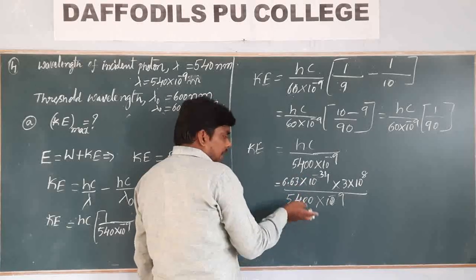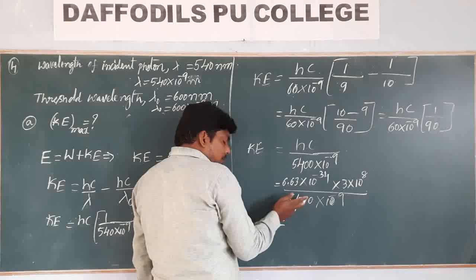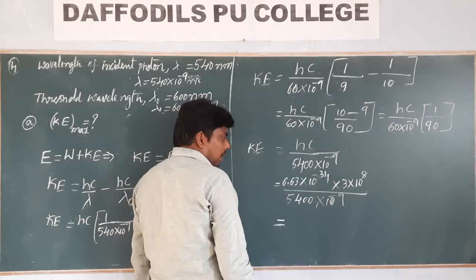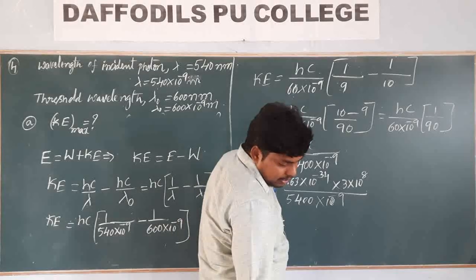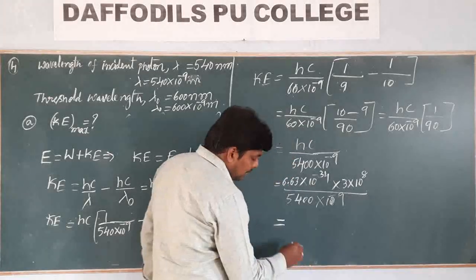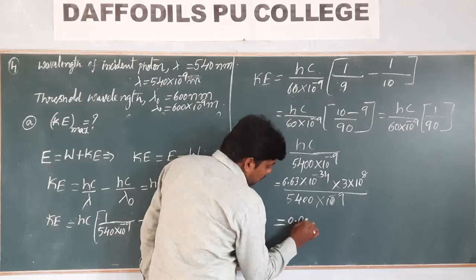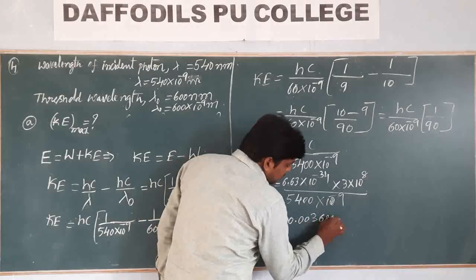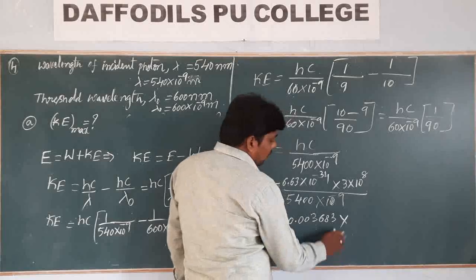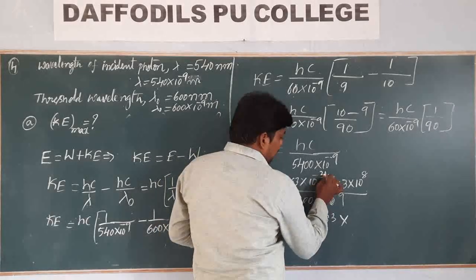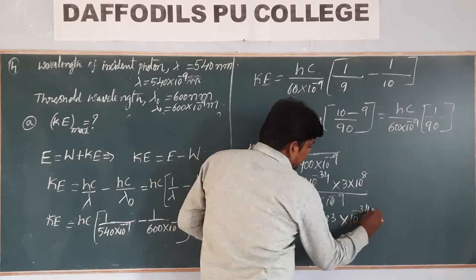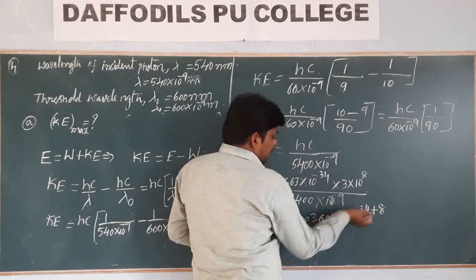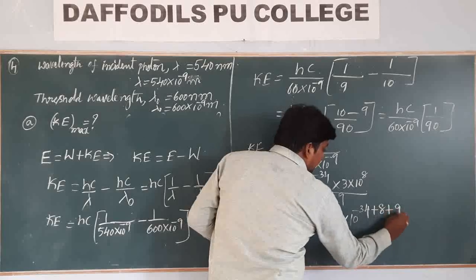Then divide that value by 5400. Tell me the value. The value is nearly 0.003683 into 10 to the power. Now calculate the powers: 10 to the power minus 34 plus 8, and if you take this one to the numerator, plus 9.